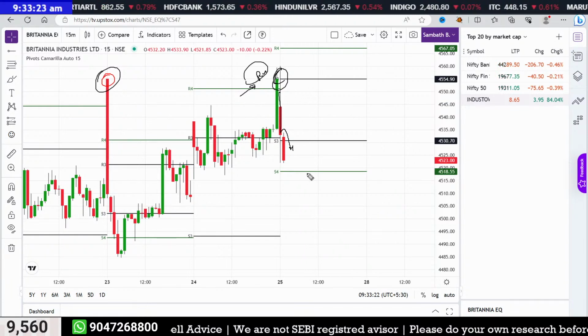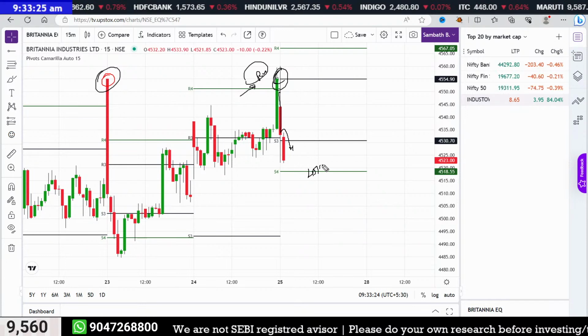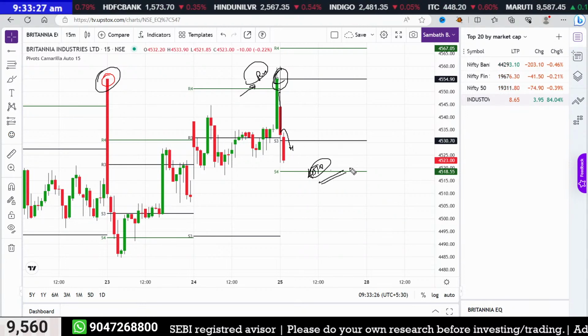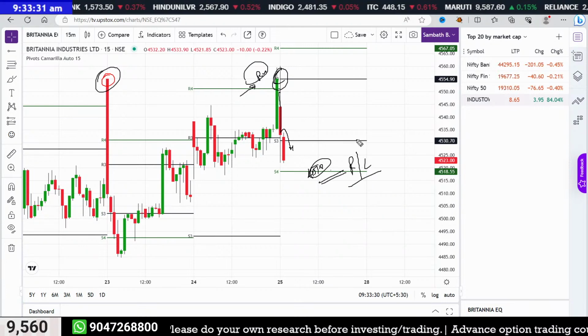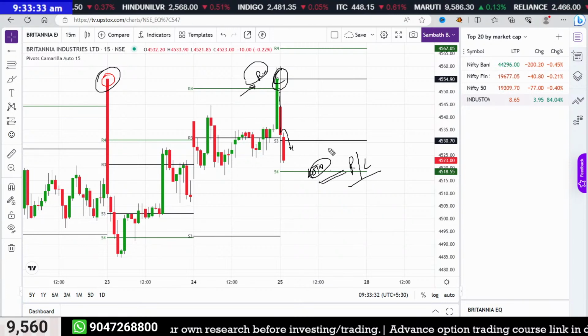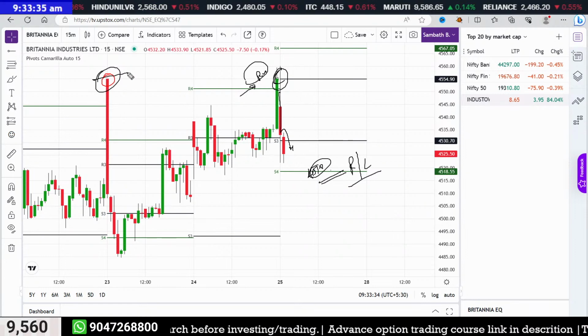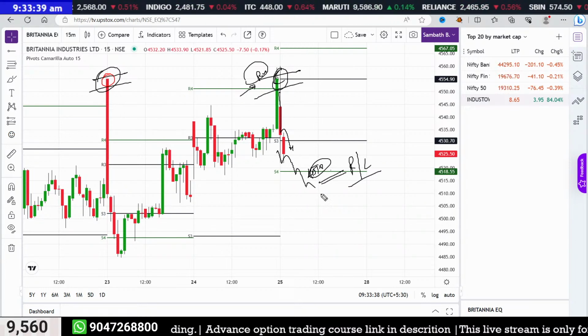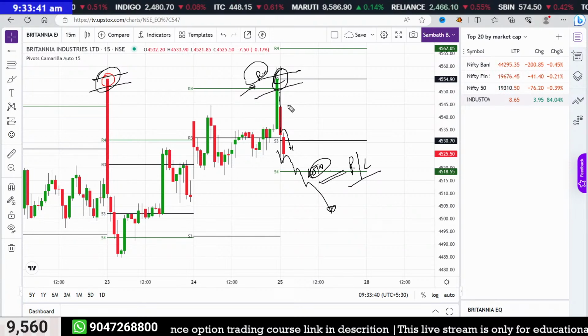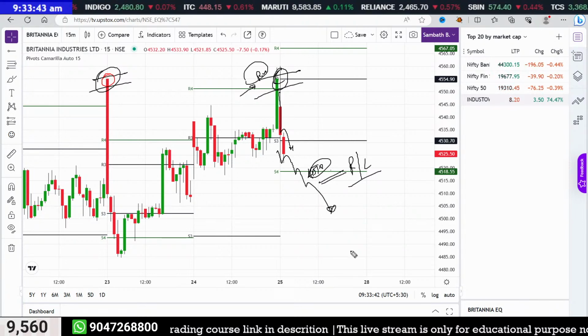So we should wait at this 1518 level. You can track for a reversal or continuation. Both we can focus on. But as of now it is in the middle, so just simply wait. But the previous price rejection perfectly happened. So if that rejection is correct, we can expect further down.